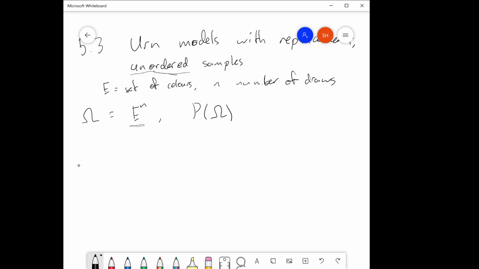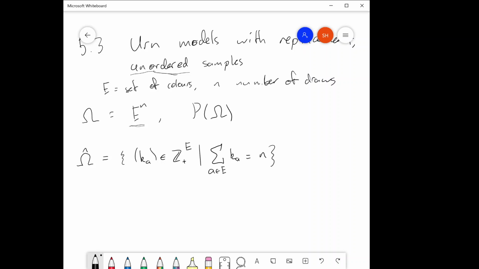As we've seen previously, a possible sample space that we are going to use is where we just count the number k_a for a in E. Let's write this as an element of Z_+, the non-negative integers, to the power of E, where the sum over a in E of k_a is equal to n.